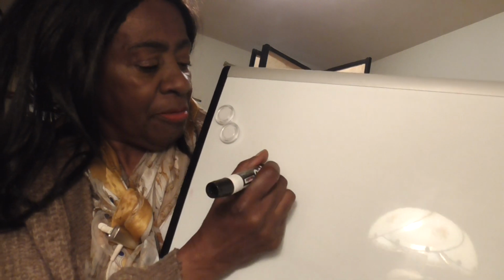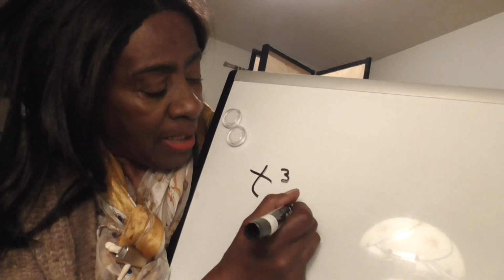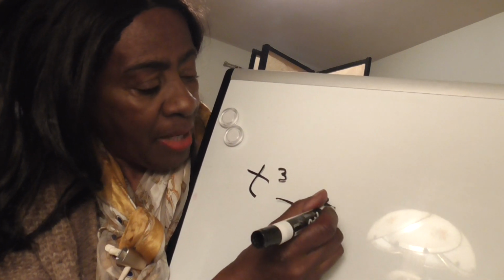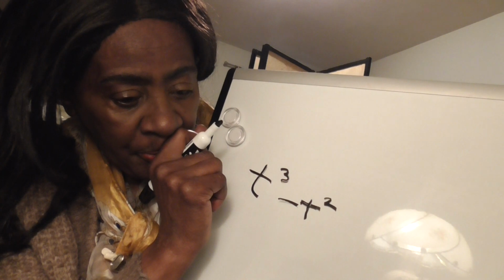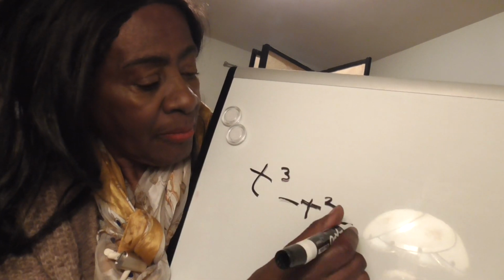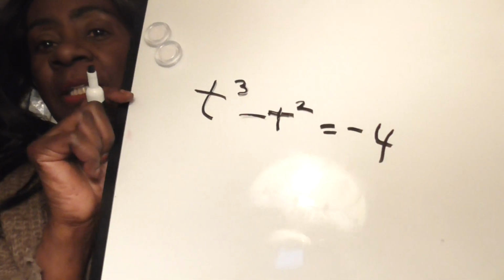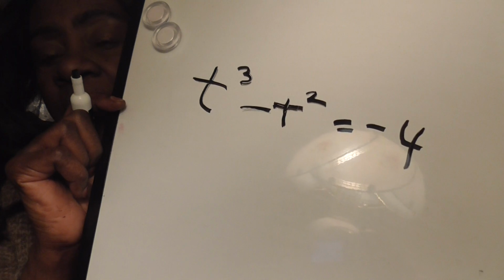We can do t to the third power minus t to the second power equals 4. We can do this one. Write that on your paper. T to the third power minus t squared equals 4.